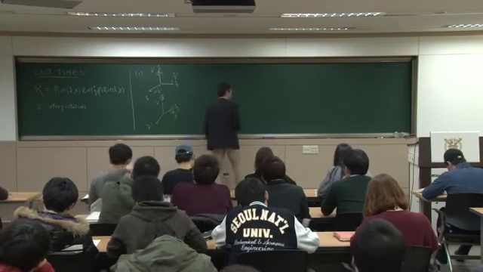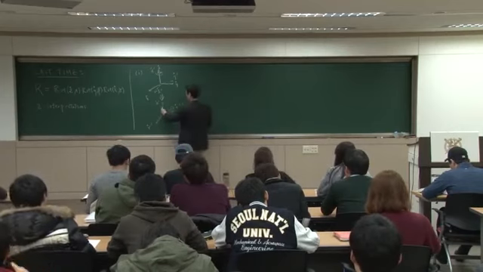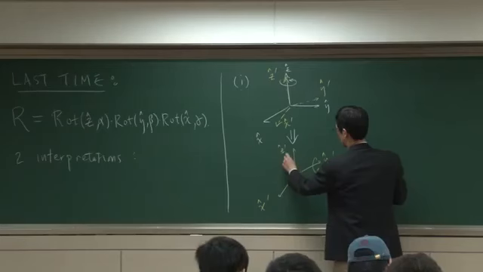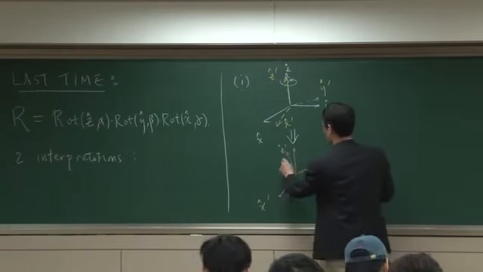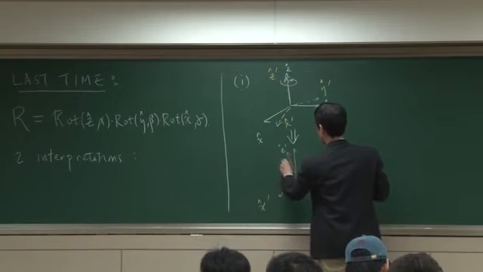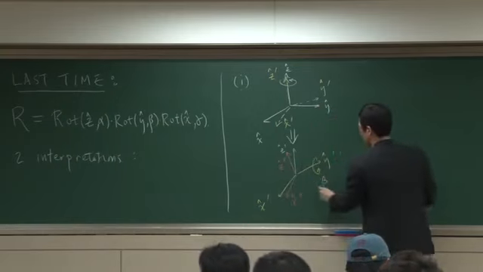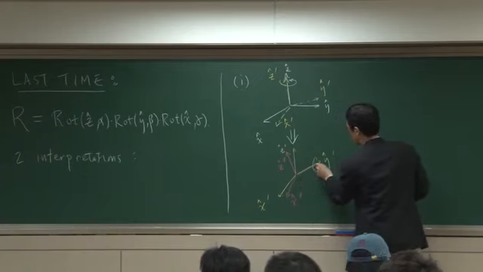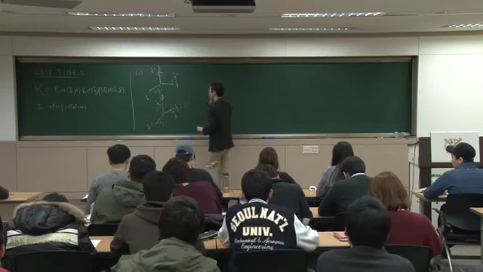Now this rotates to another frame. So we can imagine something like that. This will be z double prime. This will be x double prime. And y double prime will essentially remain the same.